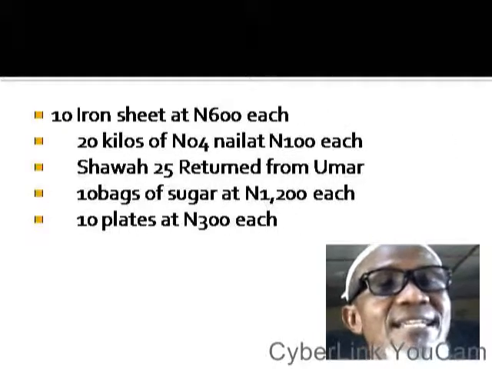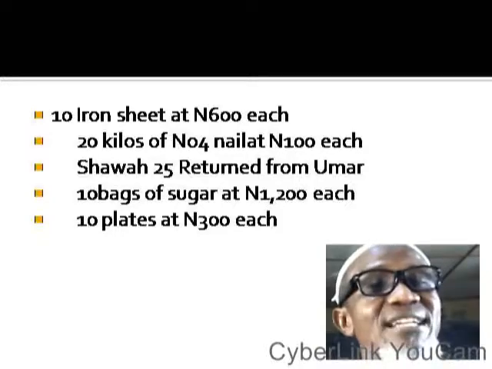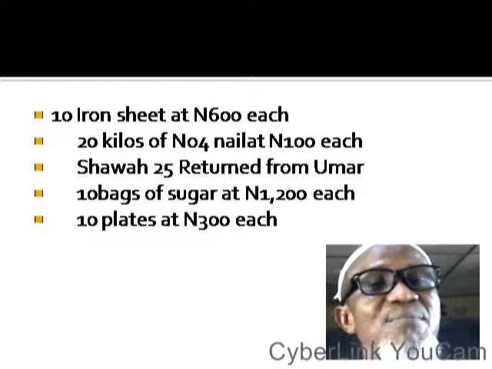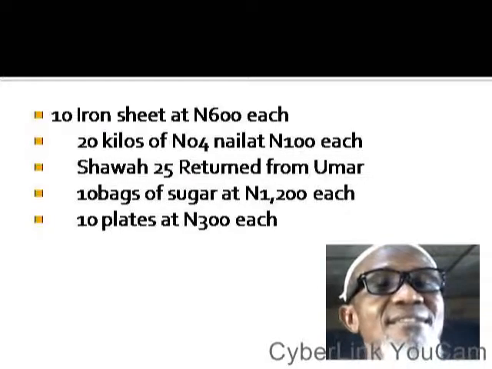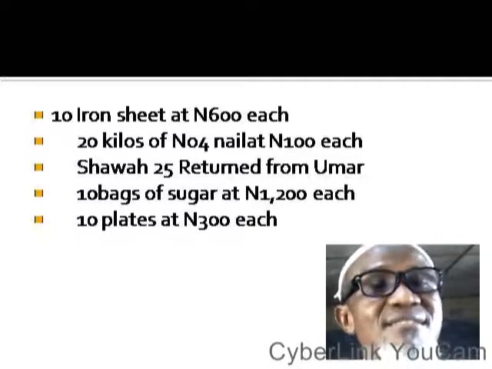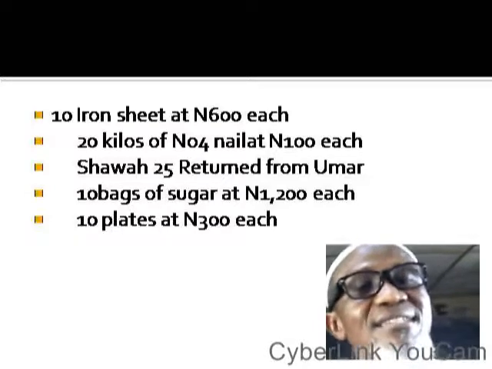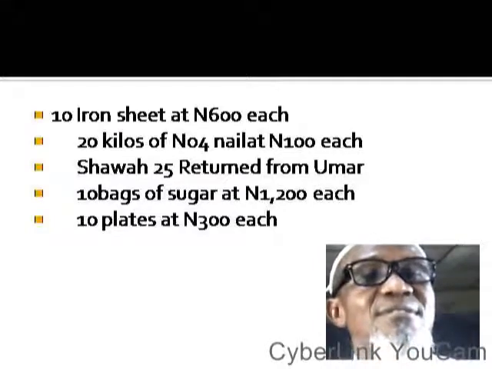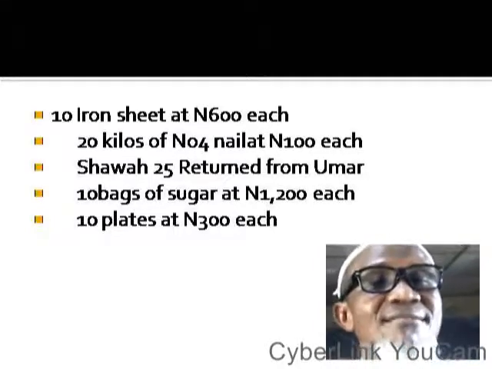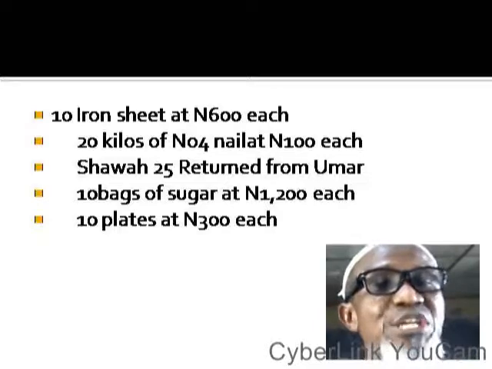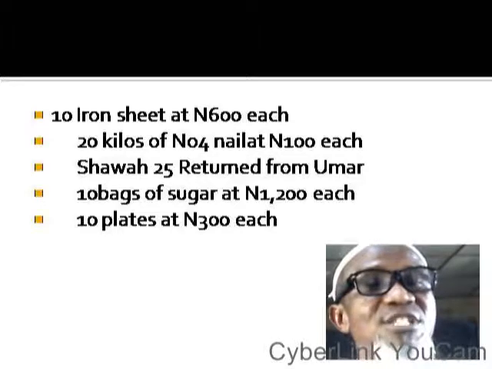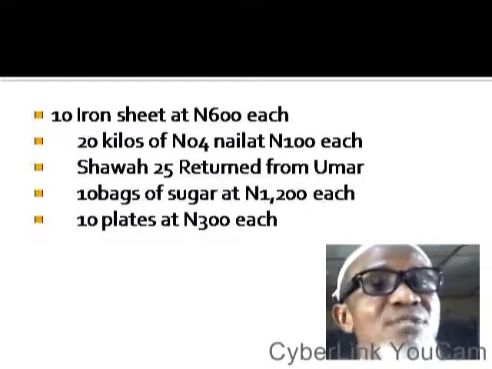The next one is the return of 10 iron sheets at 600 naira each. The same method, 10 multiplied by 600 gives you the amount. The next one is 20 kilo of number 4 nails at 100 naira each. Just multiply 20 by 100, by Jamil.